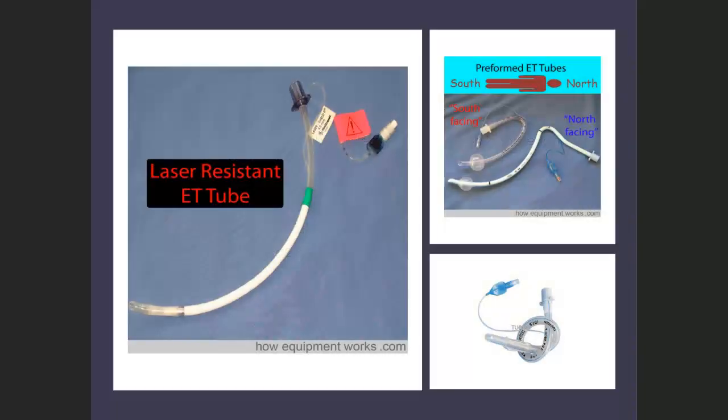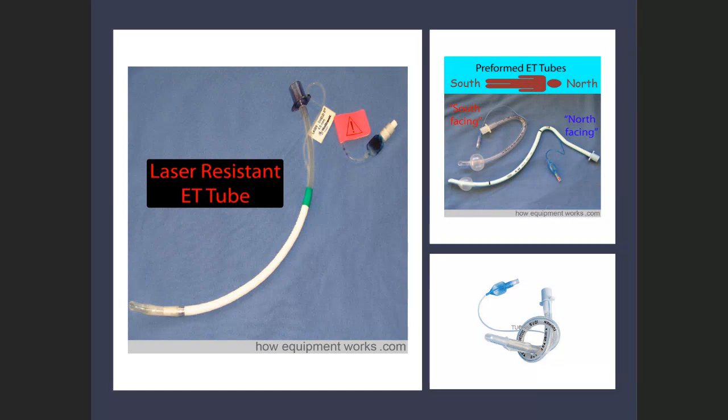They are made for specific surgery. So let's think about it for a minute. This is a south facing tube and this is a north facing tube.